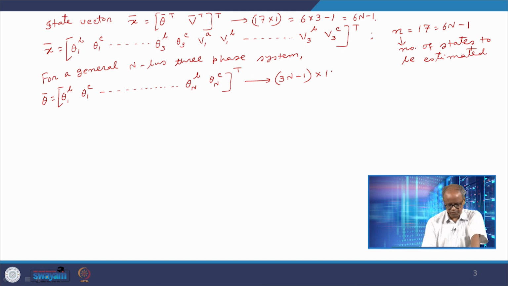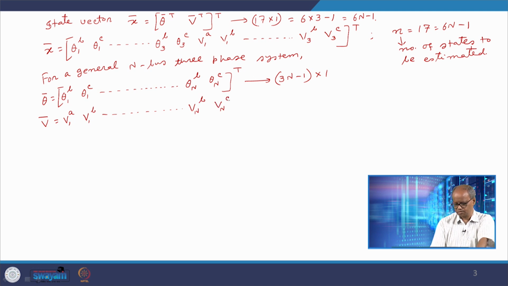And what is the v vector? The V vector would be V1A, V1B, then dot dot dot, VnB, VnC, transpose.